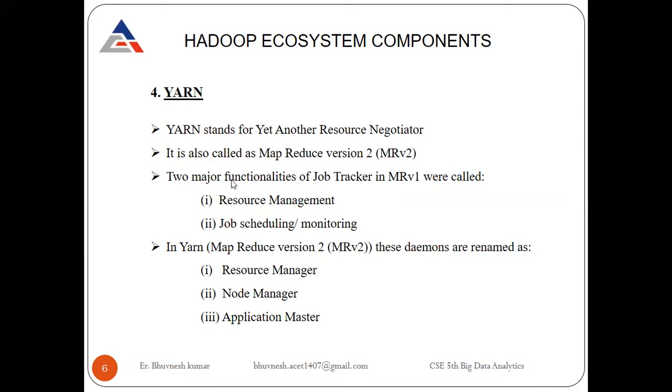I have drawn a diagram on board, and there are two components of MapReduce, that is job tracker and task tracker. Okay, the two major functionalities of job tracker, now I am talking about job tracker, are resource management and job scheduling.